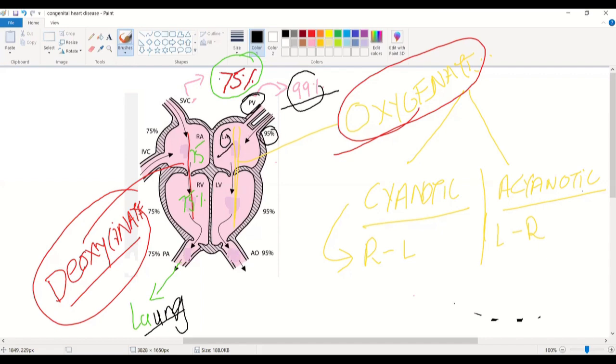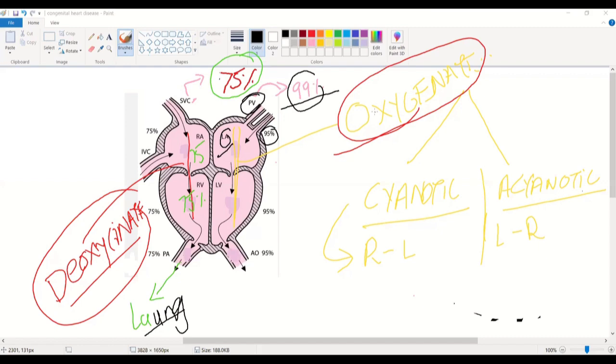Can anybody tell why this change from 99 to 95% takes place? Basically, there are veins, the Thebesian veins, that drain directly into the left atrium.